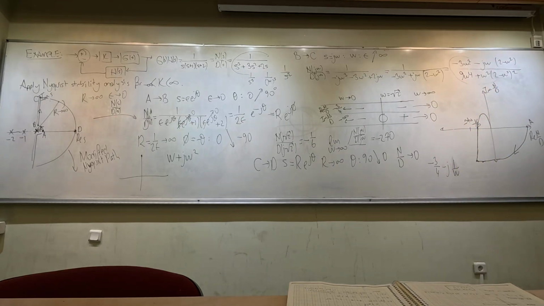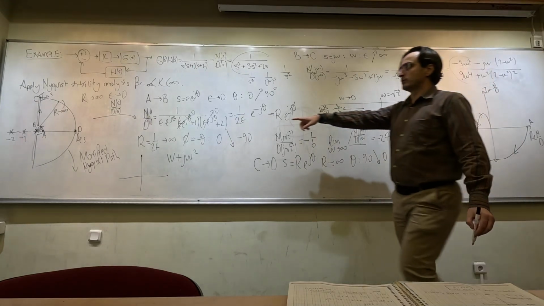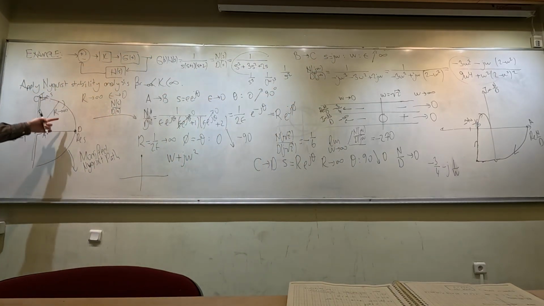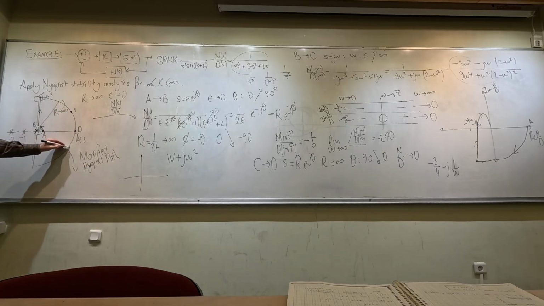Okay? So this is the first half of the Nyquist plot, and then I'm going to try to draw the rest of this curve, and these are going to be just the complex conjugates. Okay? So why is that? Because if this point is S, this point is S conjugate, okay?